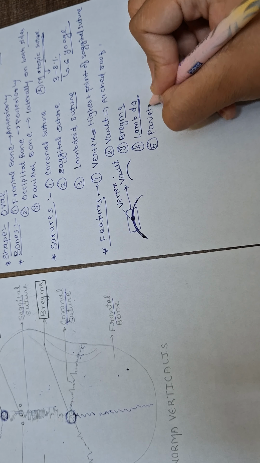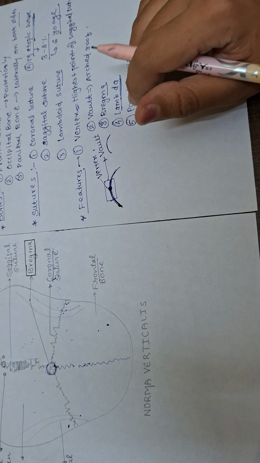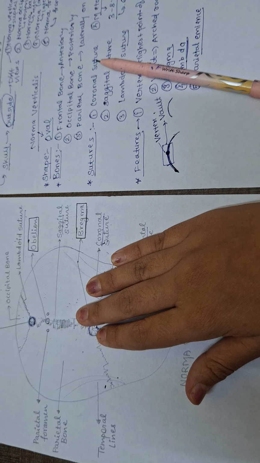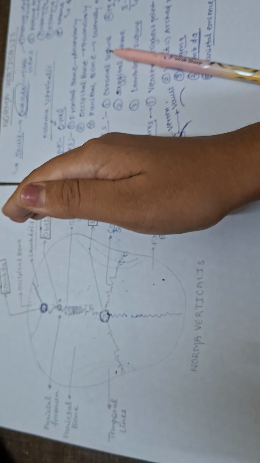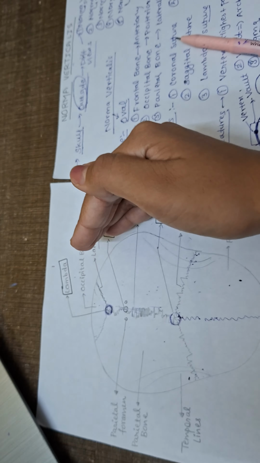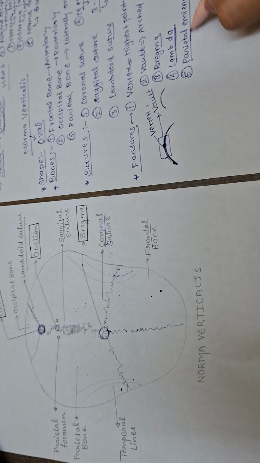Then another feature that we have is the parietal eminence. The parietal eminence is the area of maximum convexity of the skull. If you're looking at it like this, this is your parietal bone. So in your parietal bone, wherever there is maximum convexity, where it is most convex, that point will be known as your parietal eminence.